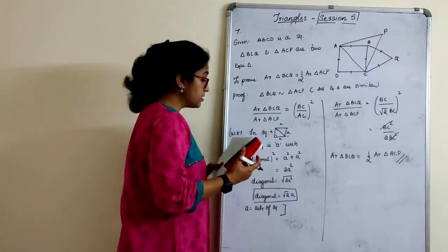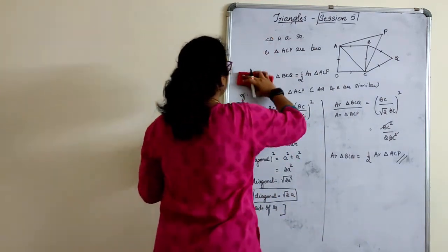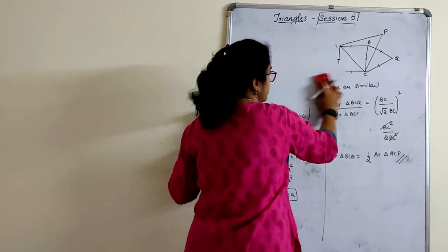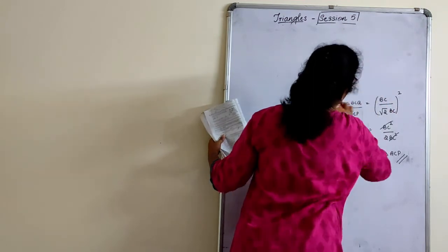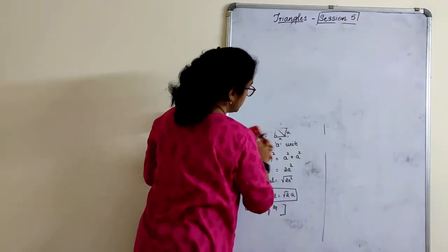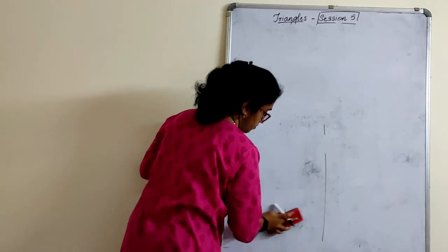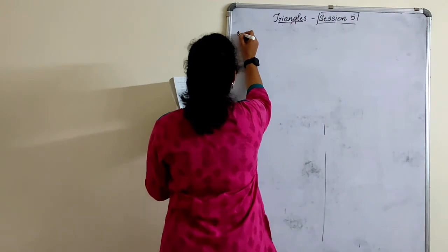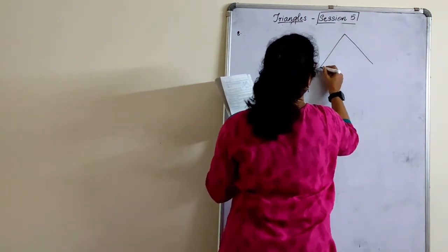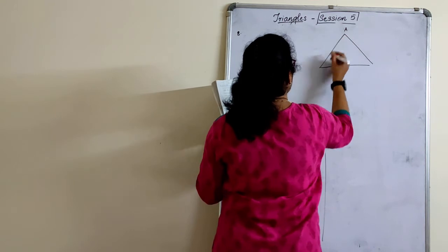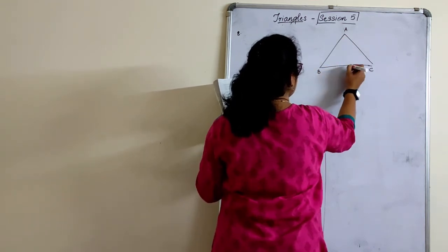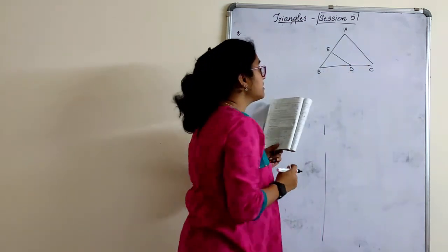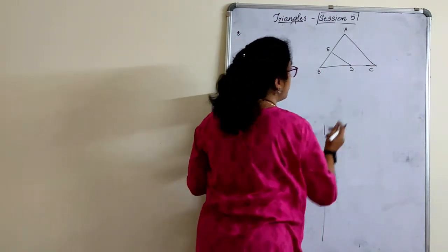The last two sums, though they are MCQs, we still need to solve a bit to understand. So let us see how to solve the next two sums of this exercise. Okay, ABC and BDE are two equilateral triangles such that D is the midpoint of BC.